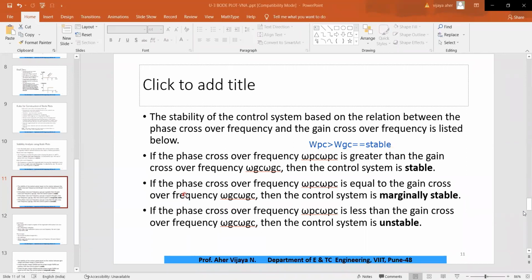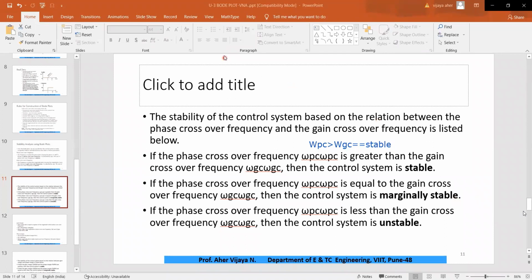If these two frequencies are equal, then the control system is marginally stable. That means if the phase crossover frequency is equal to the gain crossover frequency, at that time your control system is marginally stable.